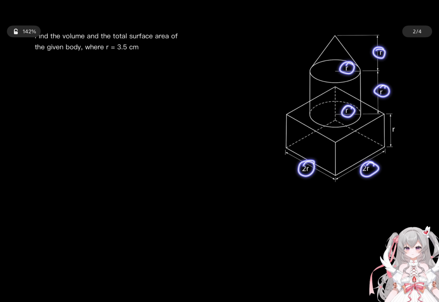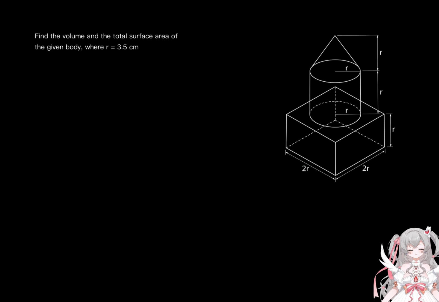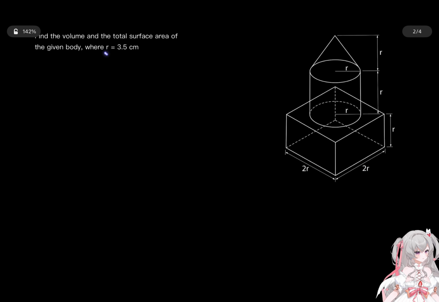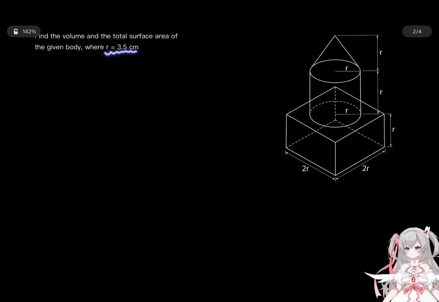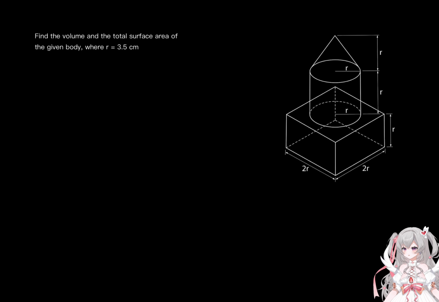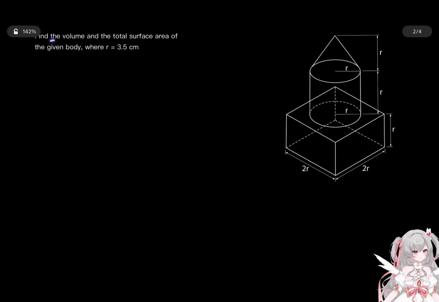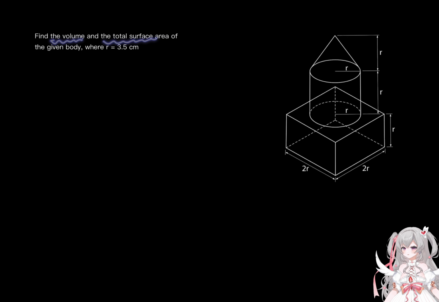We are also told in the question that r is equal to 3.5 centimeters. Now our task is to find both the volume and the total surface area of this given solid. So let's try to solve it step by step.